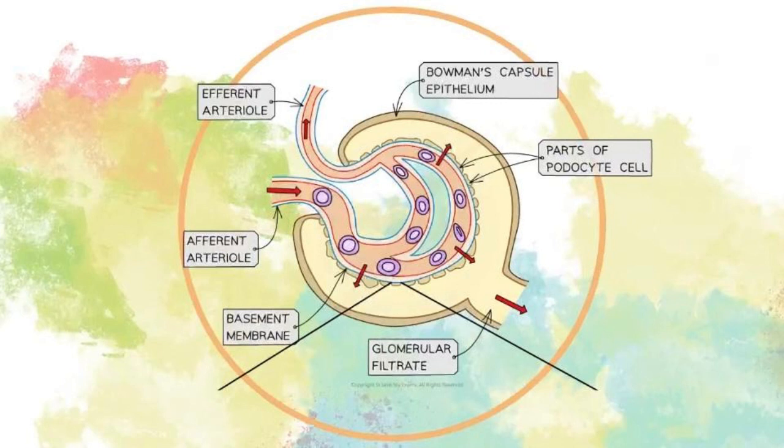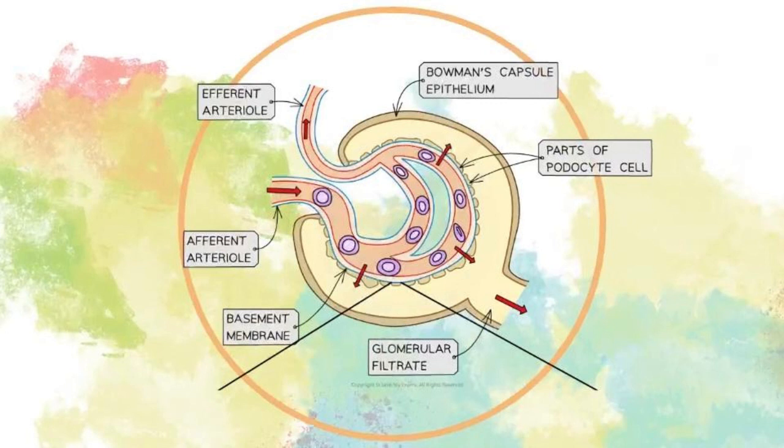The main substances that are going to pass out from the capillaries to the glomerular filtrate are things like amino acids, water, of course, glucose, urea, and inorganic ions, things like sodium, potassium, and chlorine. Red and white blood cells will remain in the blood because they are too large to pass through the holes in the capillary endothelial cells. And the basement membrane is also acting as a filter here. So it's going to stop really large protein molecules from getting through.